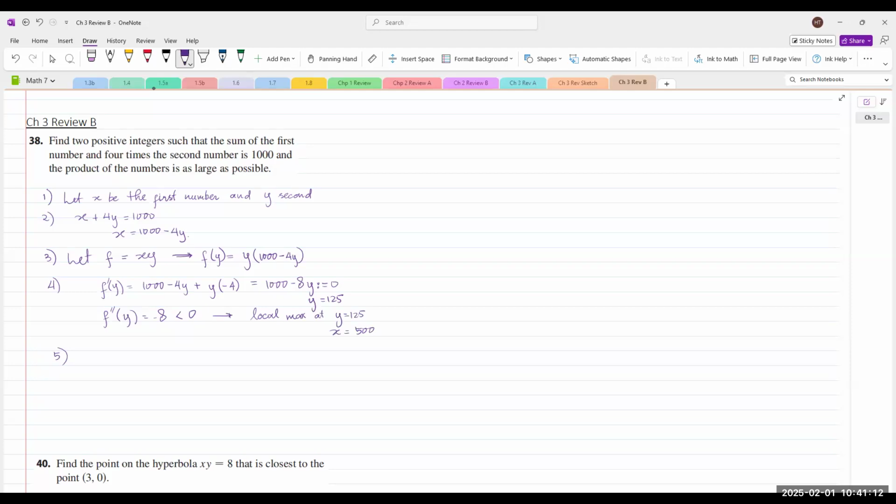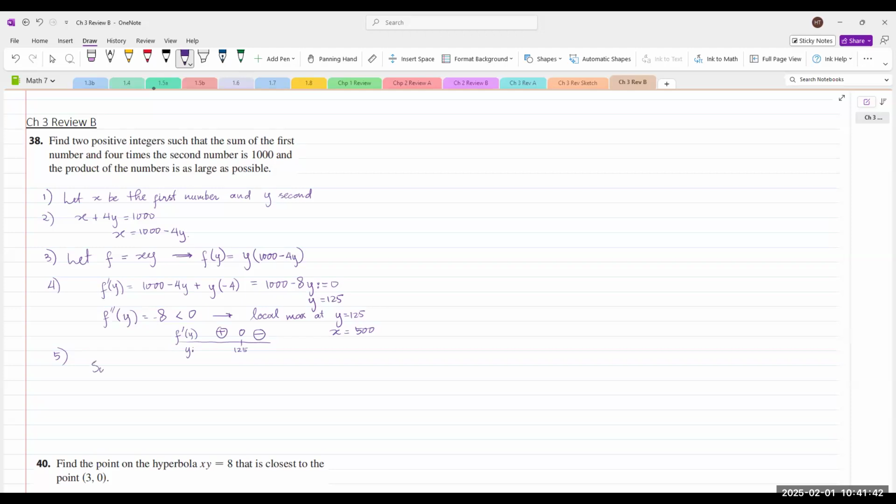Because before 125 for the y, the value is increasing here. That's the f prime. F prime of y is positive to the left and then negative to the right, which means the 125 will be the absolute maximum.